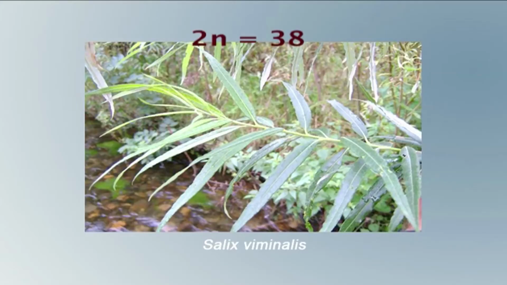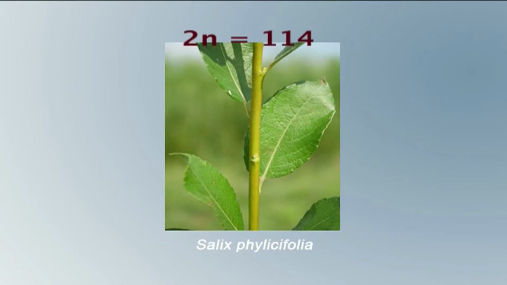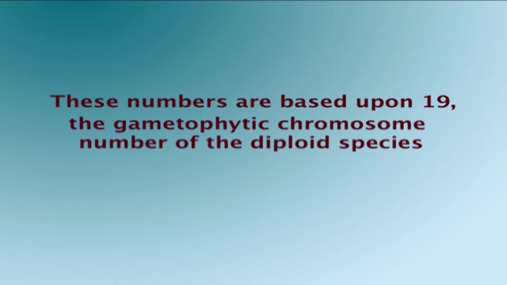For example, in the genus Salix, there are species with 2n = 38, Salix viminalis, 2n = 76, Salix atrocinerea, 2n = 114, Salix falcifolia, and 2n = 152, Salix myrsinites. These numbers are based upon 19, the gametophytic chromosome number of the diploid species.